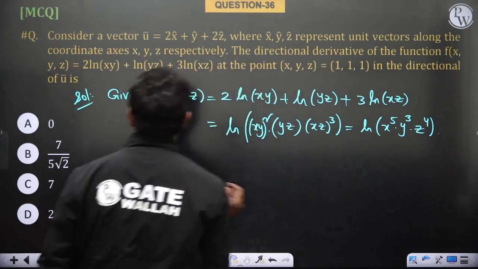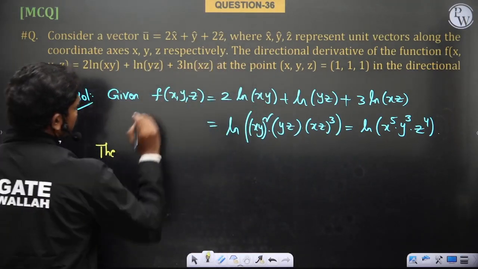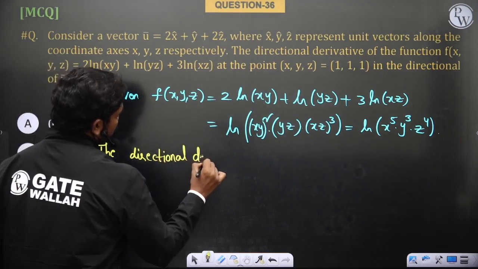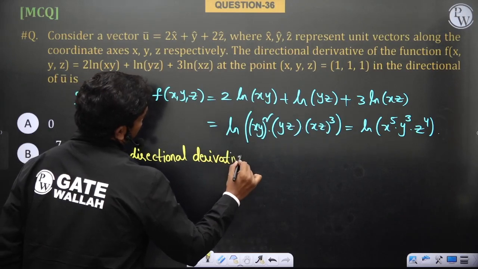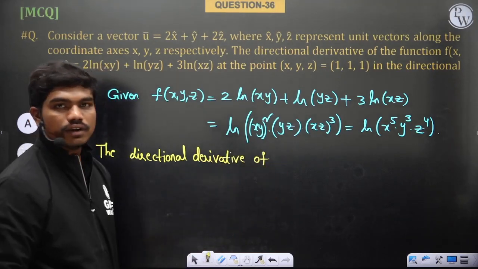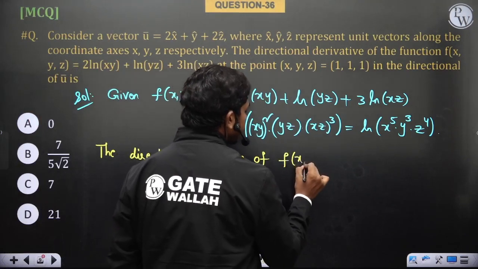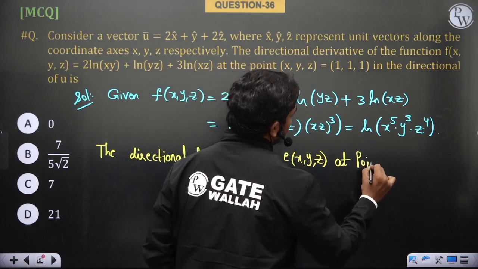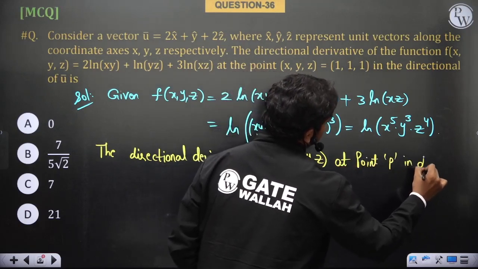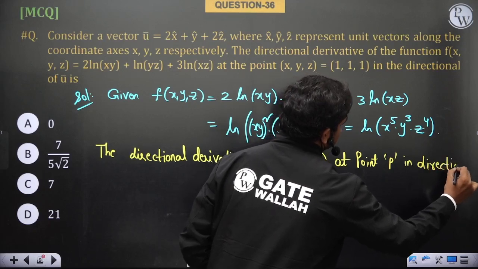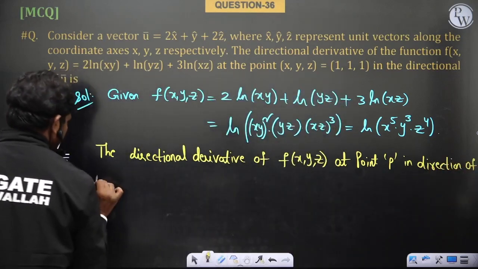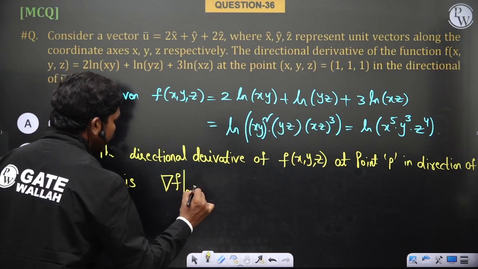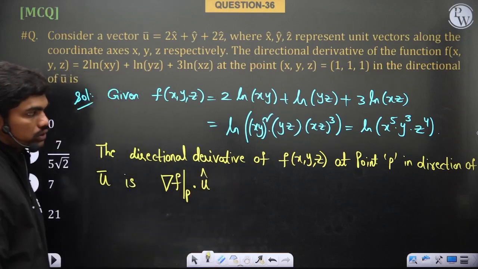Now, they have asked for the directional derivative. The directional derivative of f of x, y, z at point P in the direction of u is nothing but the gradient of that function f at point P dot producted with u cap.